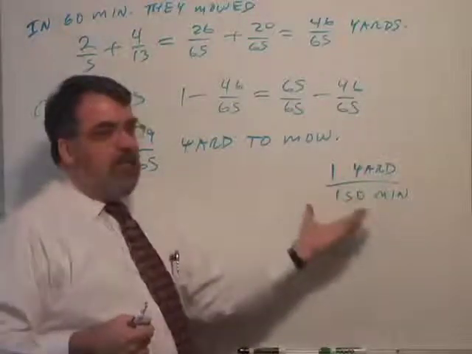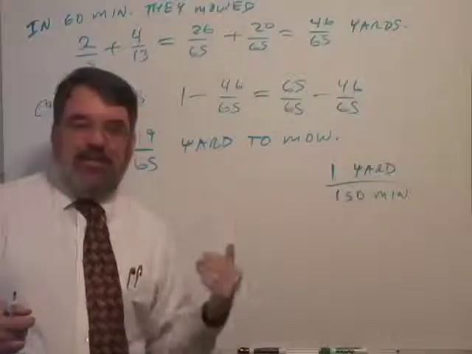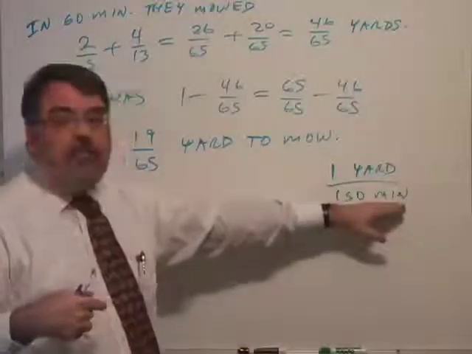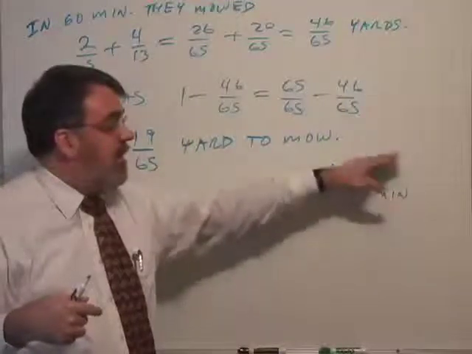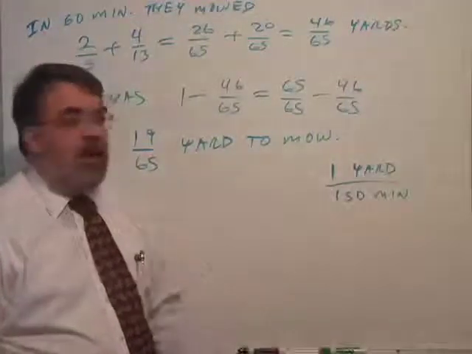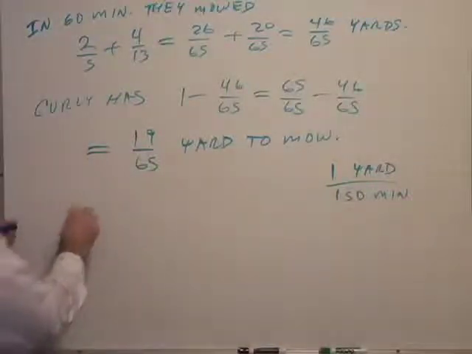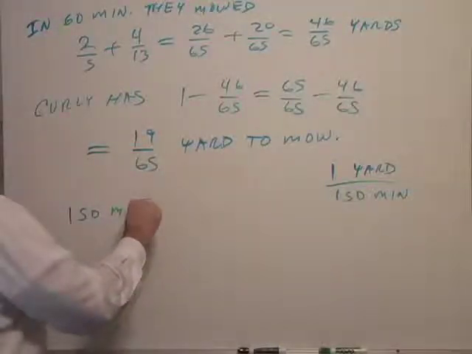I want to end with minutes, which means I need to cancel off the word yard. And minutes has to be a numerator. His speed written here has minutes as a denominator. So watch what happens here. I'm going to invert this. He does 150 minutes per yard.